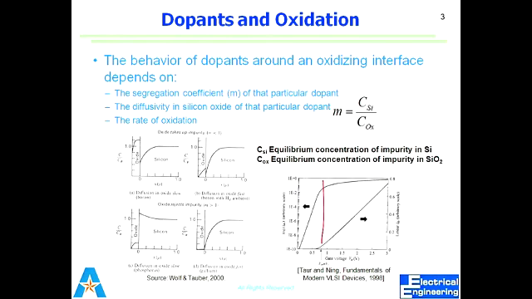And the third and last reason is the rate of oxidation at the silicon and silicon dioxide surface. When we grow an oxide layer, does the surface remain constant or change? Do you remember from the last lecture? It changes.